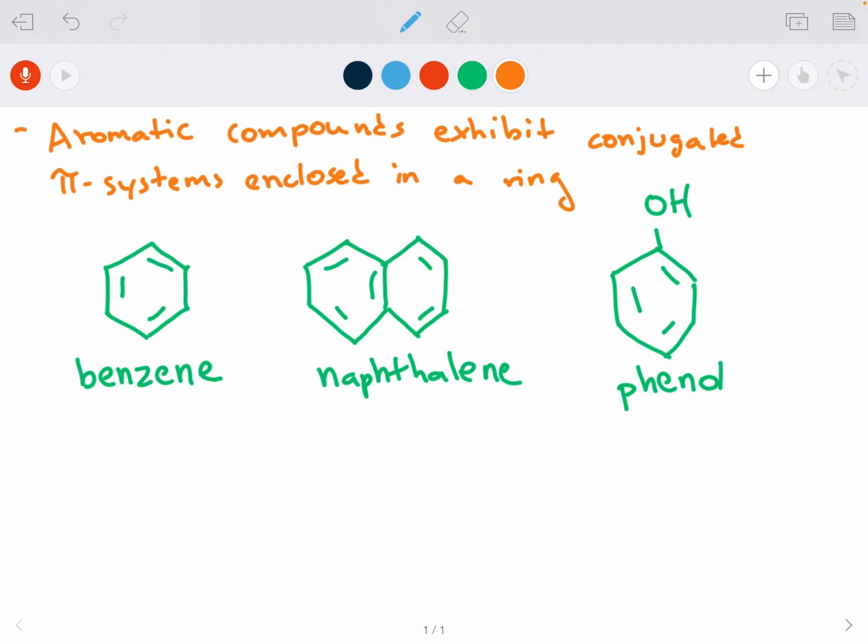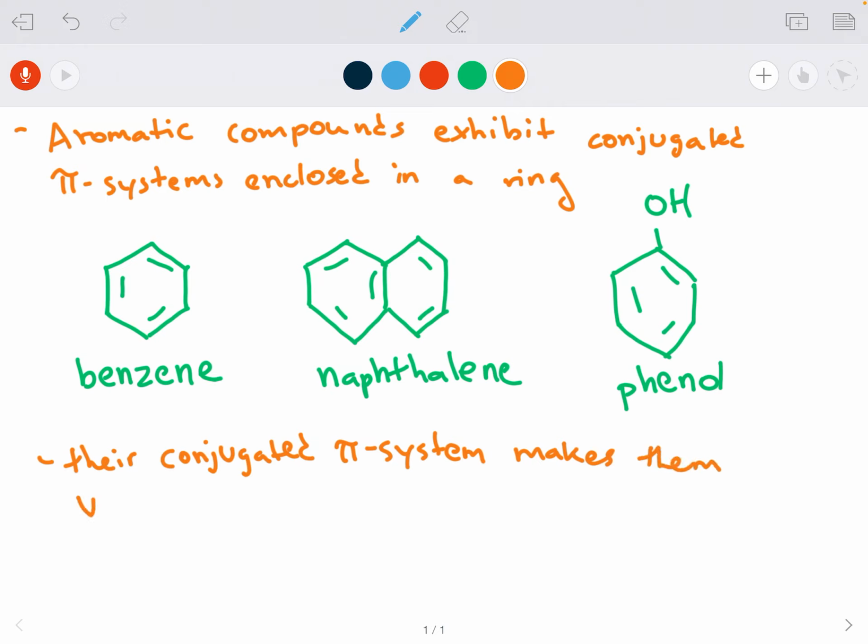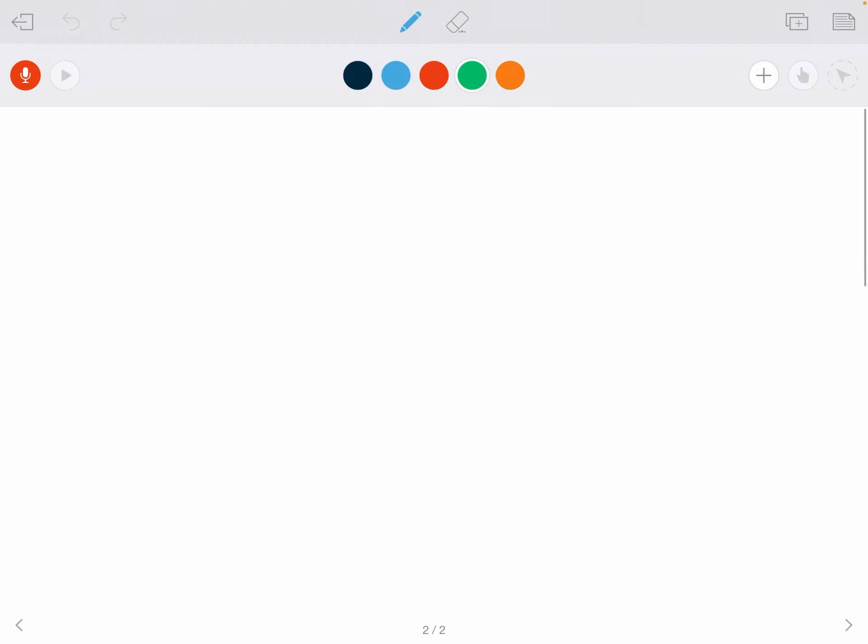Now what makes aromatic compounds special is that their conjugated pi system makes them very stable. So some reactions that would happen with, say, just an alkene won't once you have an aromatic compound.